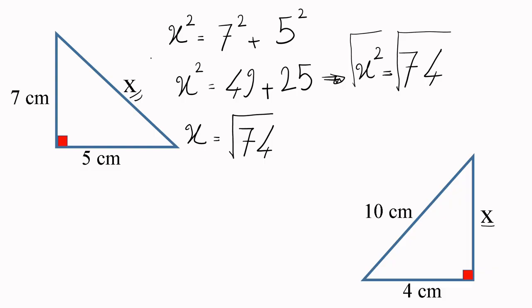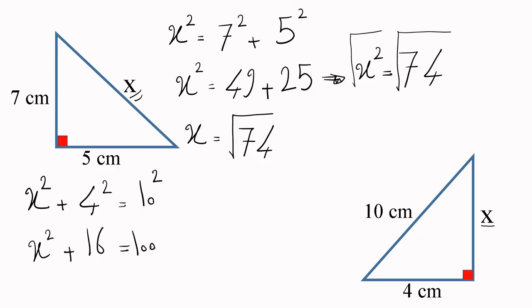Look at the next example. Here the missing value is a leg. So I'm gonna write the Pythagorean theorem because I have a right triangle. So x squared plus 4 squared is equal to 10 squared. Really easy. Again, x squared plus 16 is equal to 100. This time I'm gonna solve it based on transposition method. I'm gonna move this number to the other side and change the sign, so positive 16 would be negative 16.